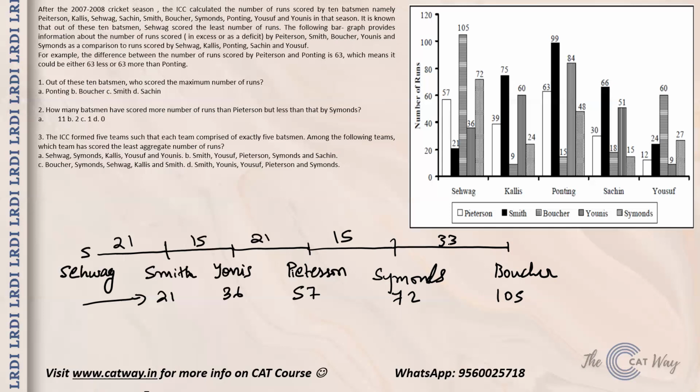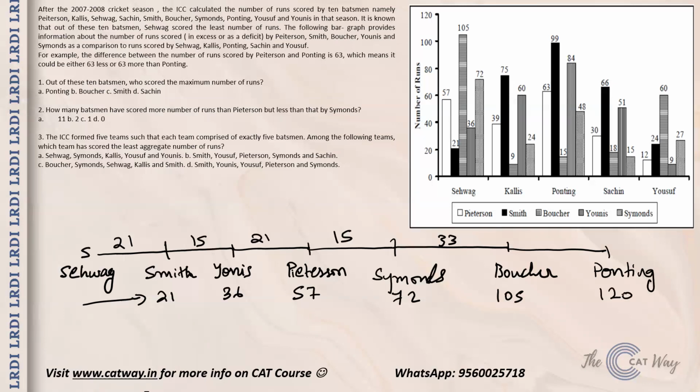So if Ponting is 63 less than Peterson, Ponting would be scoring less than Sehwag. That means Ponting scoring 63 less than Peterson is not possible. So Ponting has scored 63 more than Peterson, and that means the total score he has is 57 plus 63, that is 120. So Ponting will be sitting at 120.